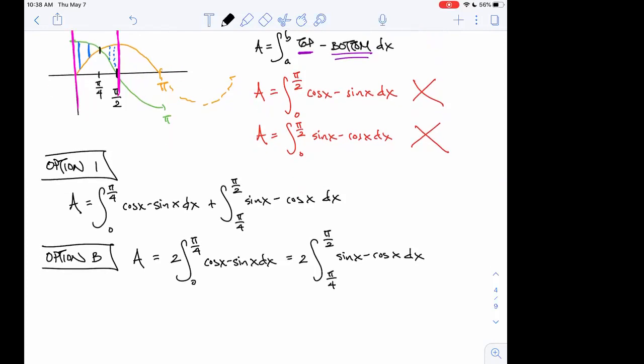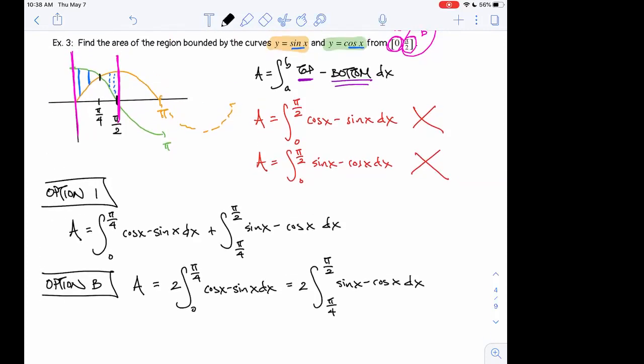All right. So what are folks' thoughts? Do we want to do option 1, option 2? What do we think will be faster in this case? Option 2. Probably option 2.